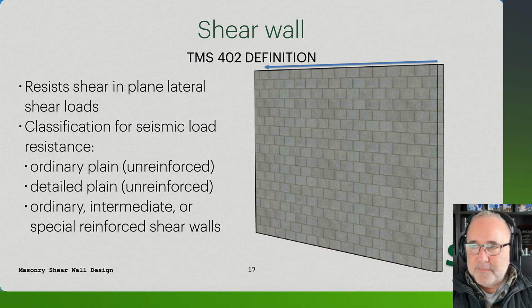If you look at those, especially for seismic, then we have to get into different categories for seismic. So they have different detailing provisions. If you have an ordinary plain unreinforced wall, that's going to have different provisions than if you have ordinary reinforced shear walls or intermediate reinforced shear walls or specially reinforced shear walls. But what does all that mean?